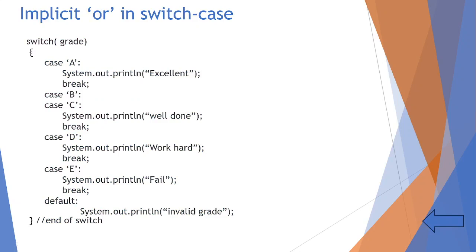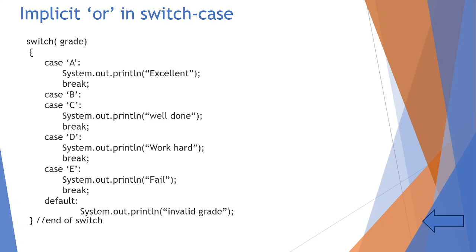Look at this. Switch grade, case A, case B, case C, case D, case E. In case of case A, we want to print, that is grade A, excellent. B and C grades, if somebody gets, well done, that is the message we want to give, break.